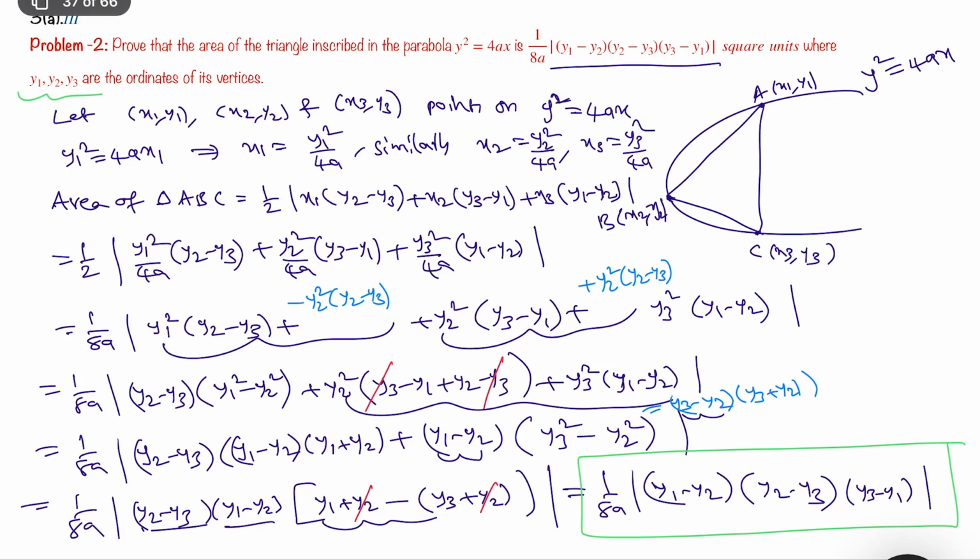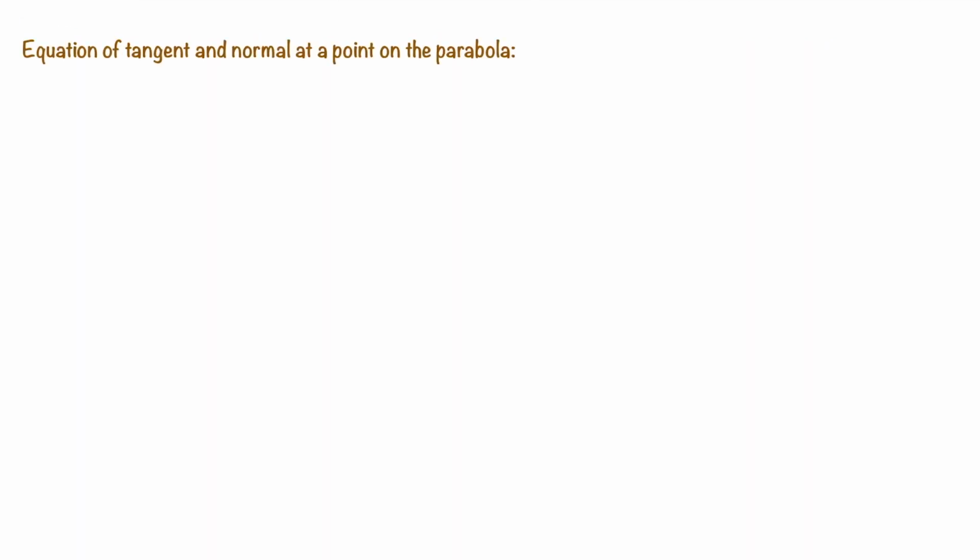Now we are going to see the equation of a tangent and normal at a point on the parabola. First let us try to understand the points of intersection of the parabola with a given line. Here let me consider the parabola y square equal to 4ax, a positive, and the line y equal to mx plus c, m not equal to 0.